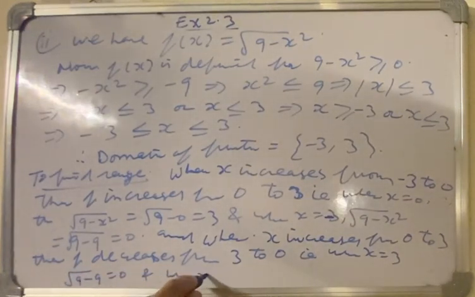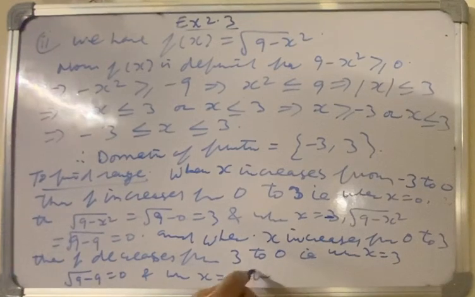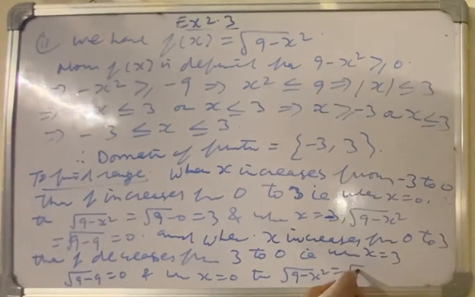And when x is 0, then 9 minus x squared is 9 minus 0, which is 3.